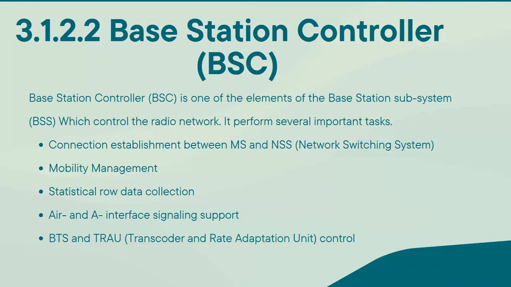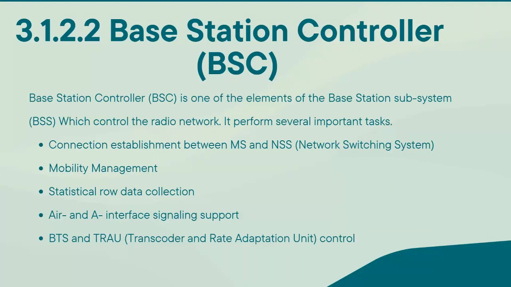Base station controller is also one of the elements from the base station subsystem, which controls the radio network. Of course, it is a device used in a cellular network to manage and control one or more base transceiver stations. It also acts like an interface between the mobile station and the mobile switching center, MSC.